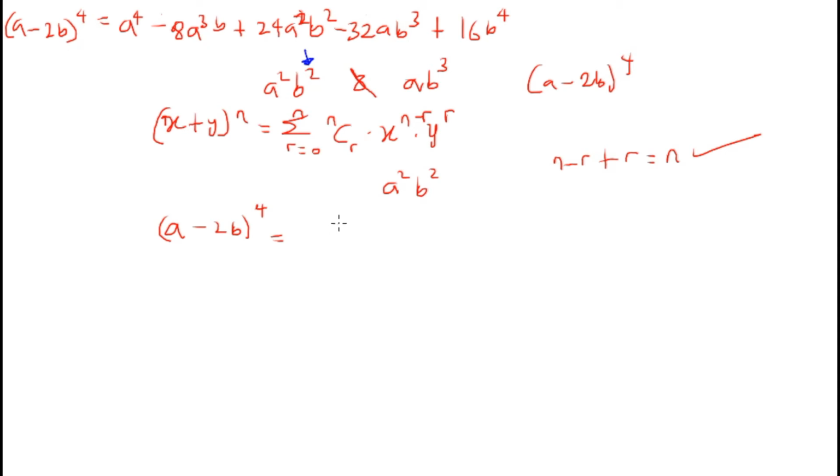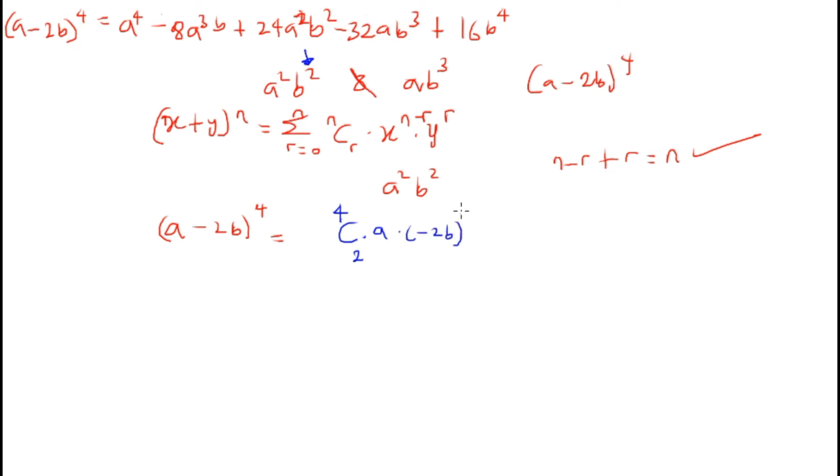So that point will be combination 2. n should be here, and in this case n is 4. Then I should have x right here, but not x now, the first term. The first term in this case is a, and then the second term, which is minus 2b.